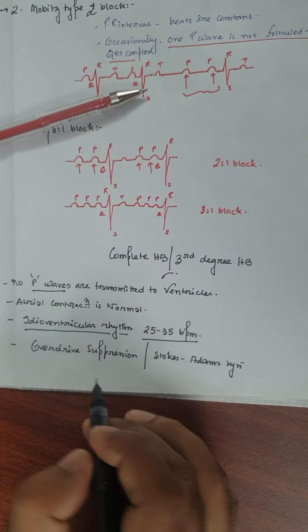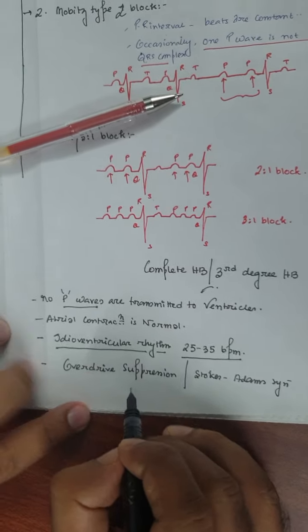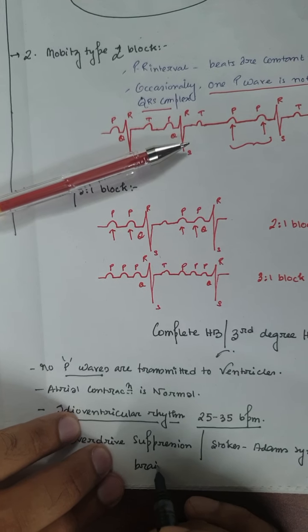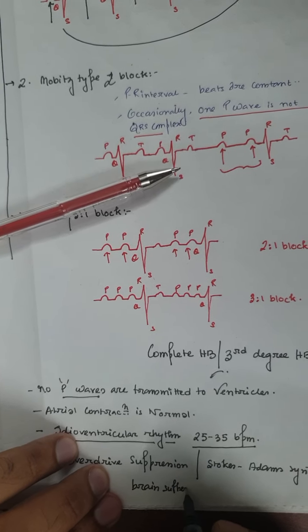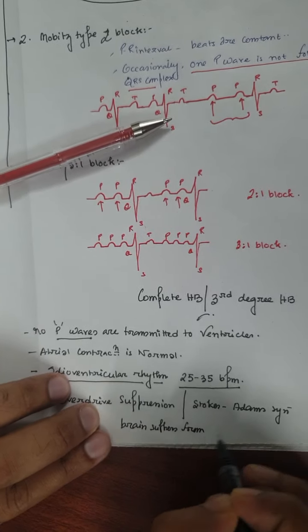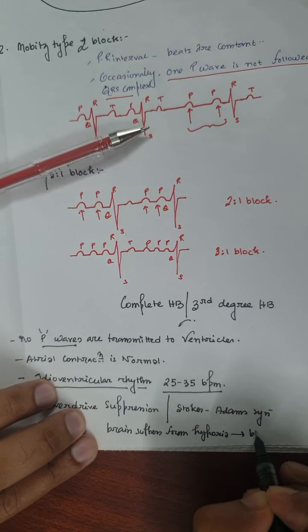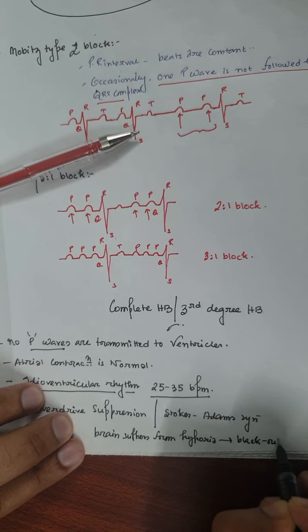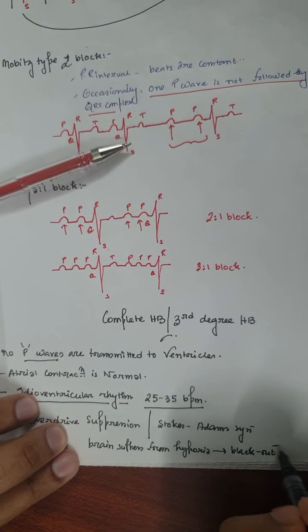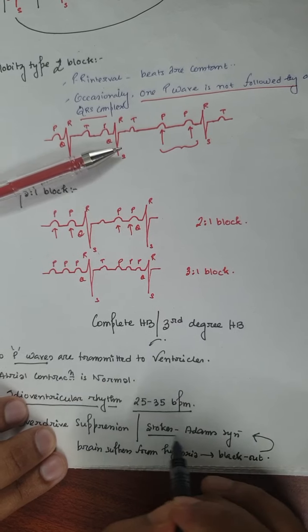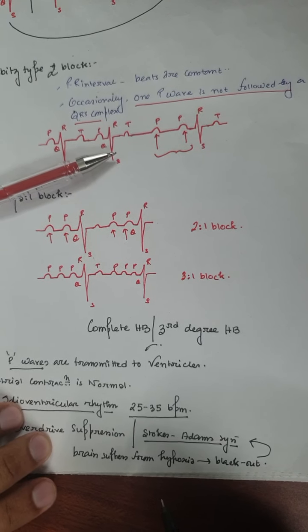And during this quiescent phase of the ventricles, the brain suffers from hypoxia, and thereby there is blackout. The patient experiences blackout, and this is known as the Stokes-Adams syndrome.